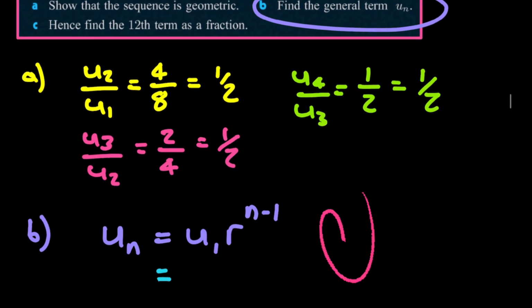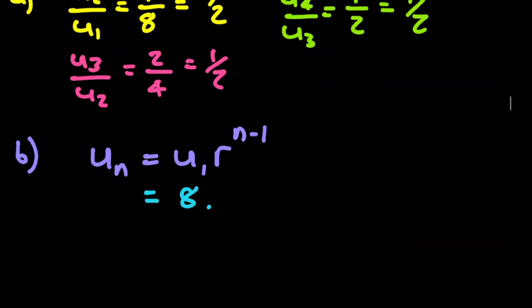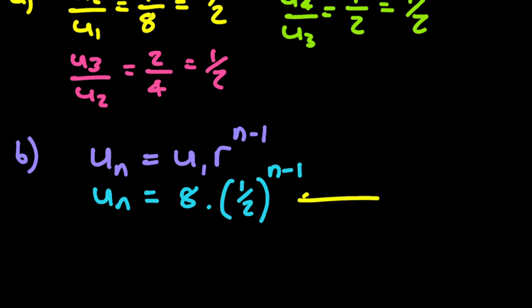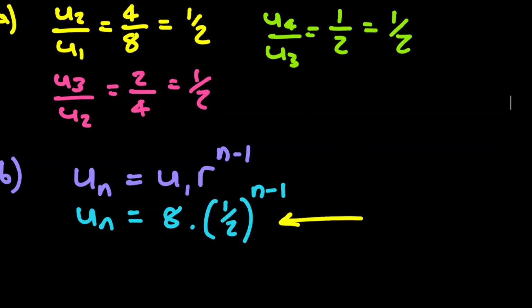So we've got 8 times r. Now that's our common ratio, so try to keep that in brackets, especially if it's a fraction, and then this is to the n minus 1. Now you don't ever put in anything for the n minus 1 because this is the general term. So we want to use this if they're asking us to find any specific term of the sequence, but we have answered part B in that problem.